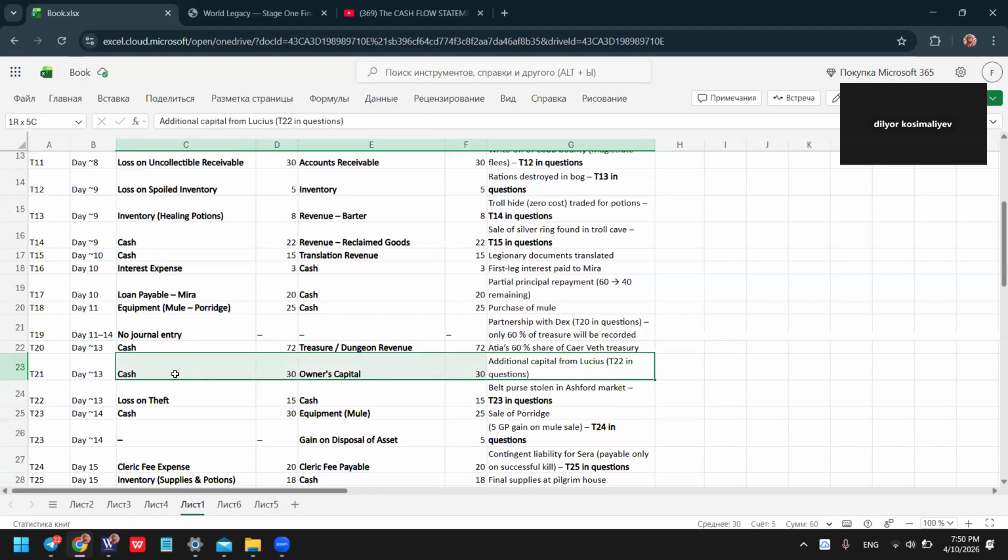It's also a financing activity. She got this capital from Lucius because she worked in escort. Yes, she did her job very well.